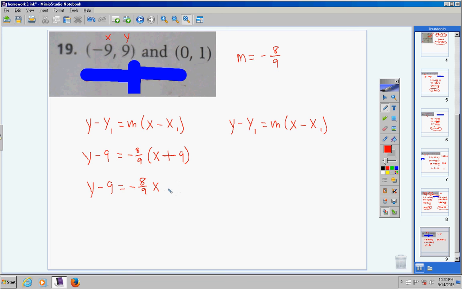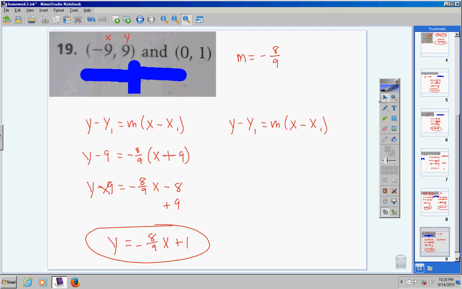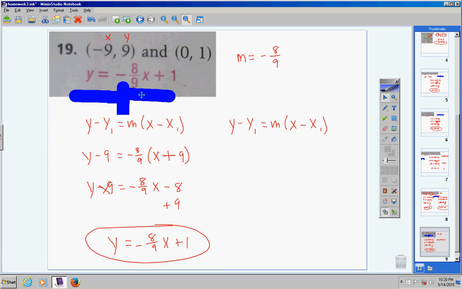Negative times a positive is negative. 8 ninths times 9 is 8. 8 ninths times 9 over 1, your 9's cancel, leaving you with 8 over 1. Or you can use your graphing calculator if you want to. Now bring your negative 9 over and make it a positive 9. And your final answer is negative 8 ninths x positive 1. Okay, there we go. And that is your answer.